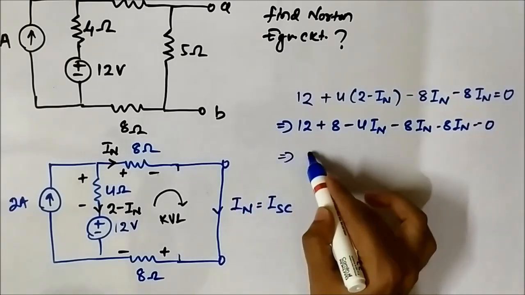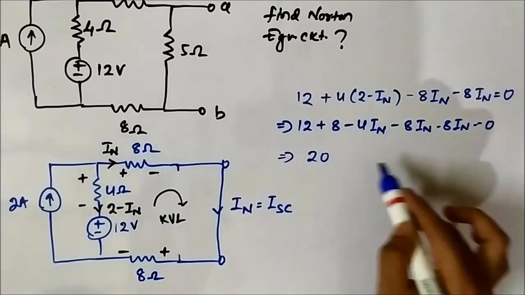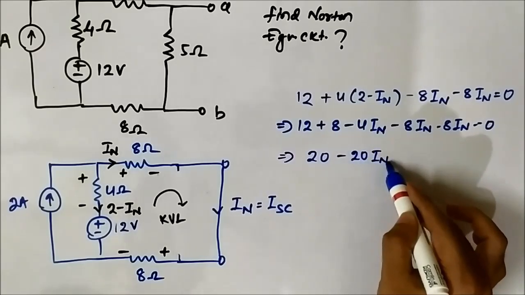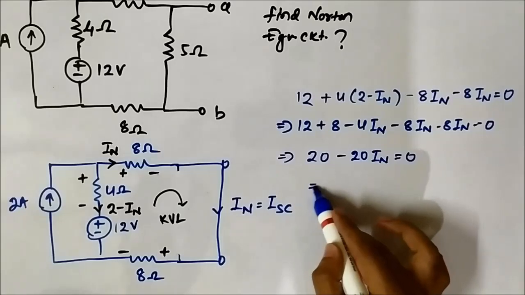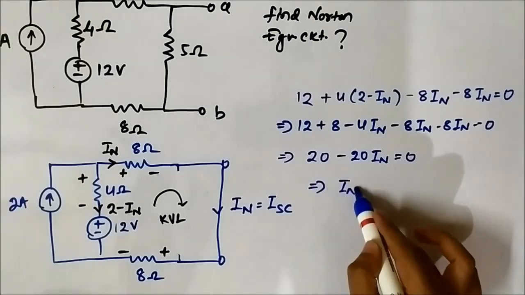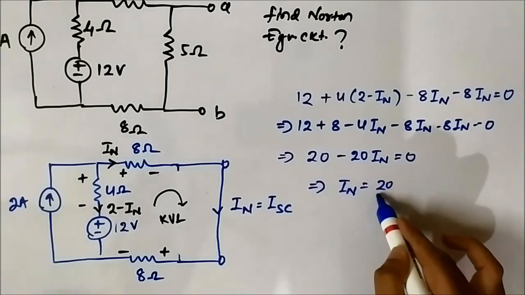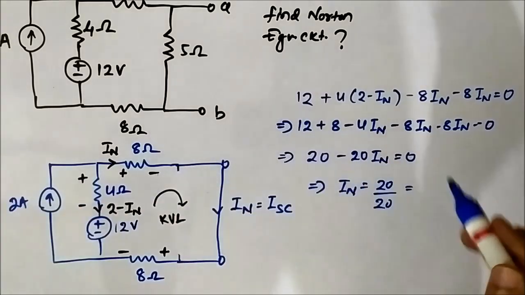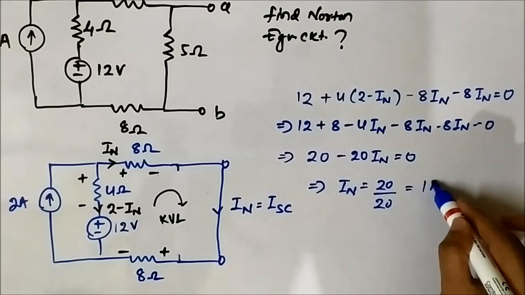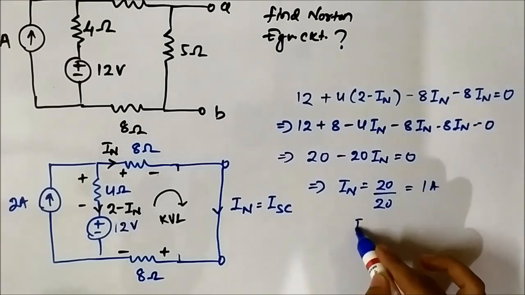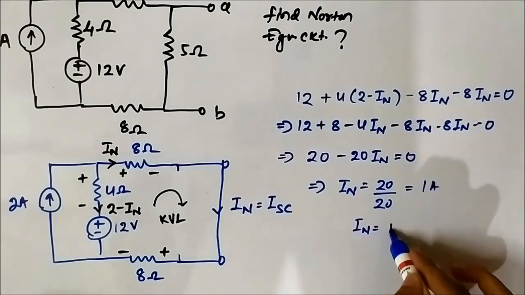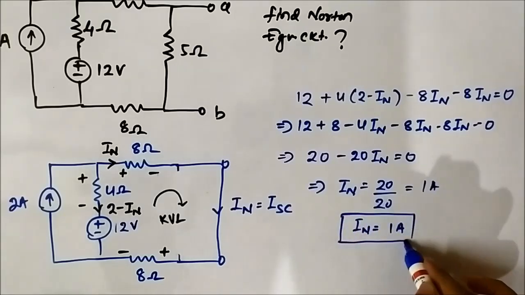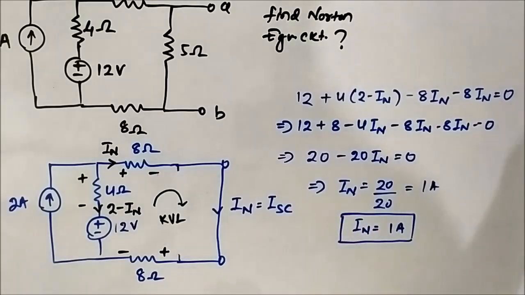That implies 20 minus 20 IN is equal to 0. That implies IN is equal to 20 by 20, which is in volt and ampere, so it will be 1 ampere. So IN is equal to 1 ampere. That is the first step, that is complete.